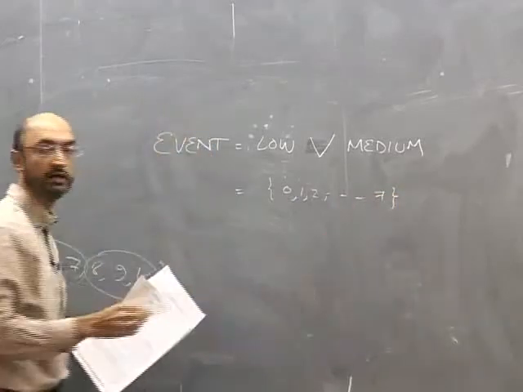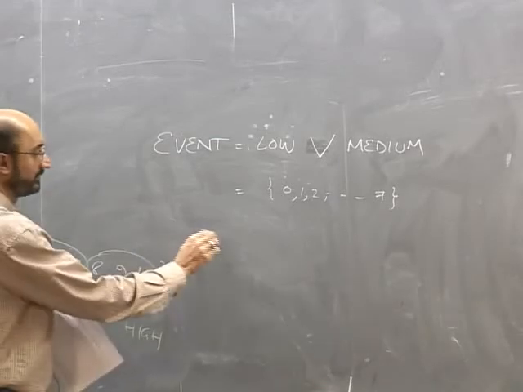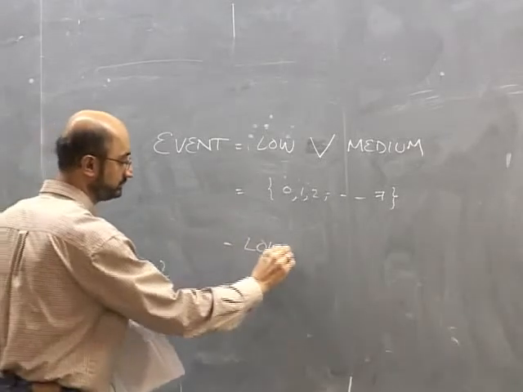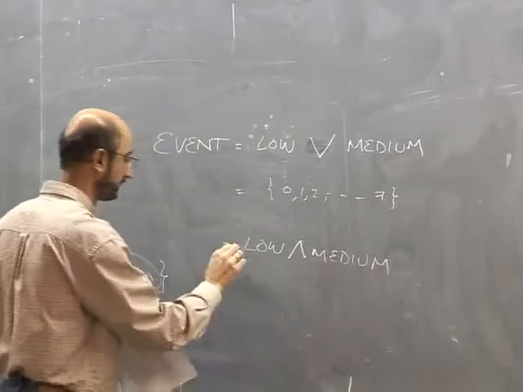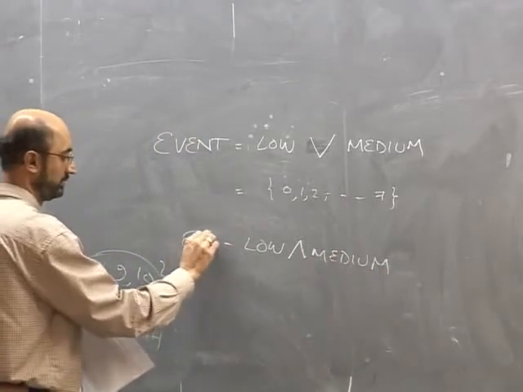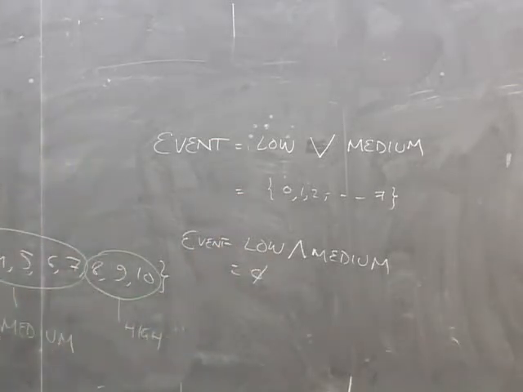Those are the outcomes for low or medium, that would be the set of outcomes. So it's a very clear understanding of what that is. And we can think of the other event, which is low and medium. That event is going to be null, because obviously these are non-intersecting.